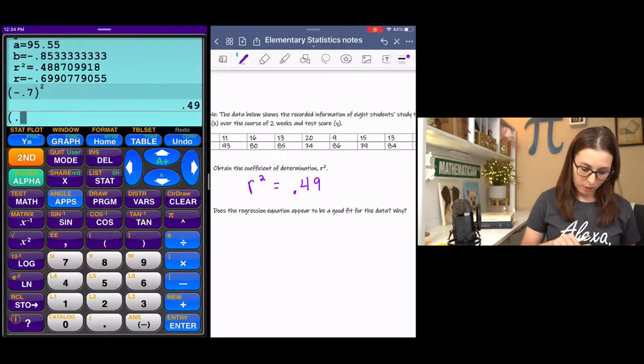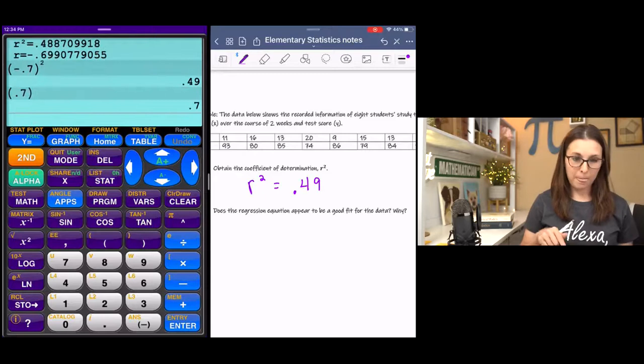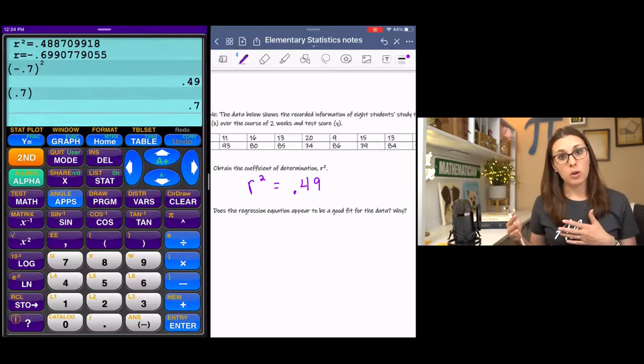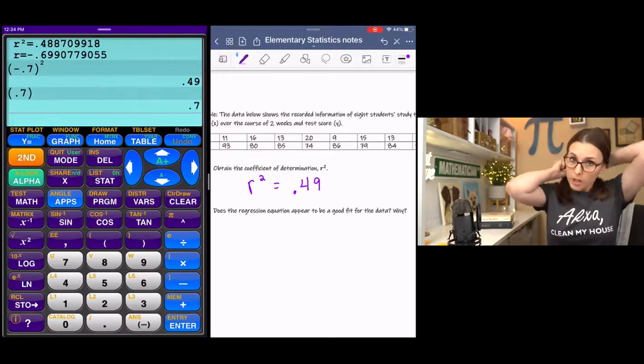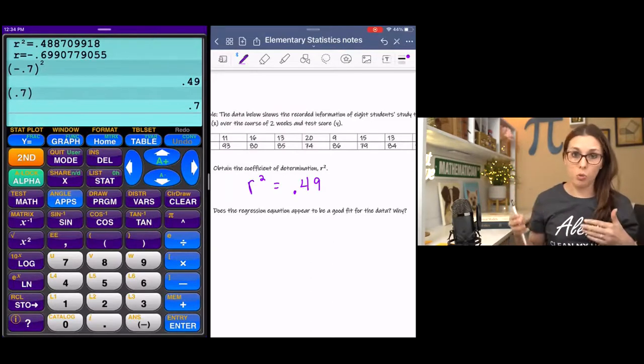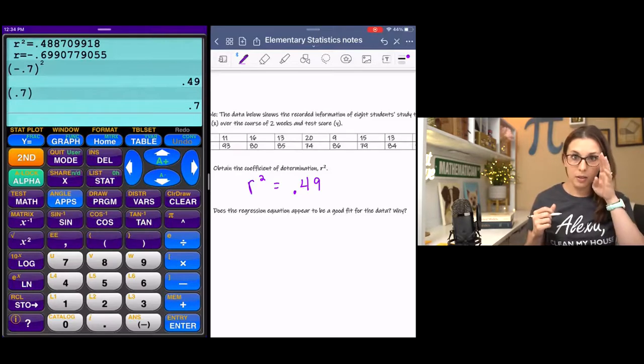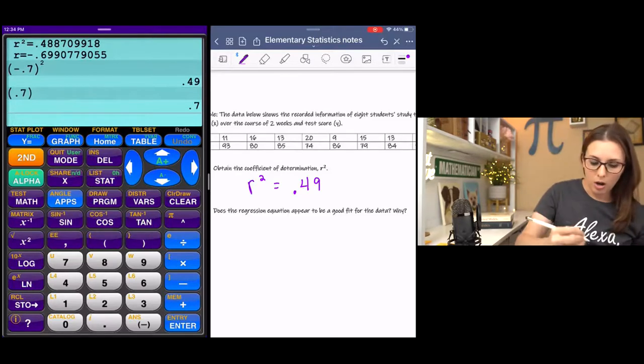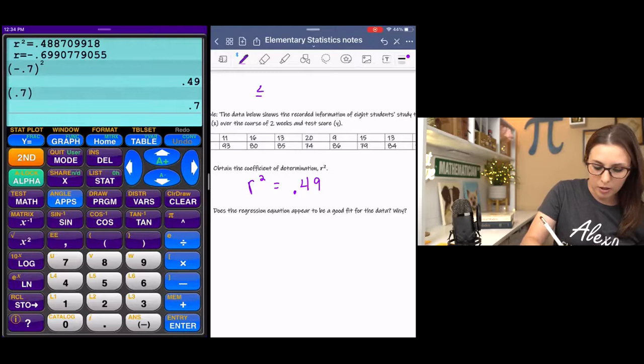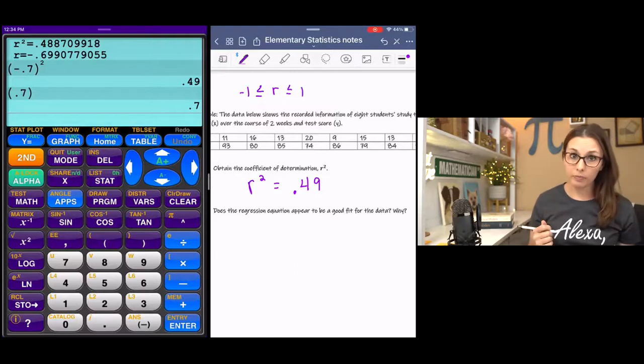When we square positive 0.7, it's positive. So any r value squared is going to put it into the positive values for R squared, which will always be between 0 and 1. If you think about it, back in the correlation coefficient video, r had to be between -1 and 1.